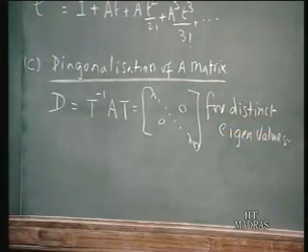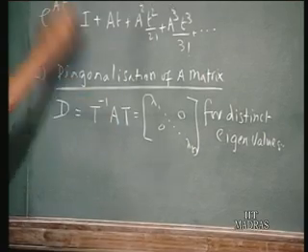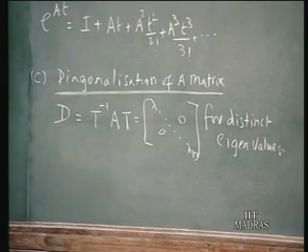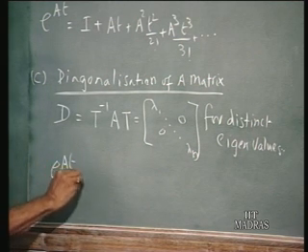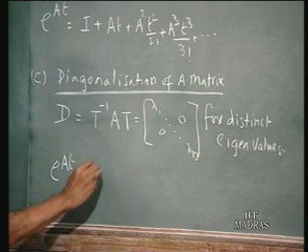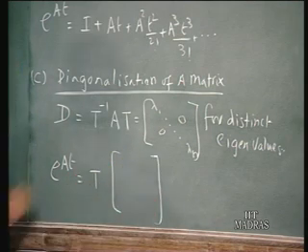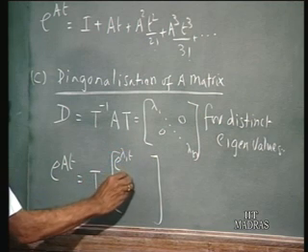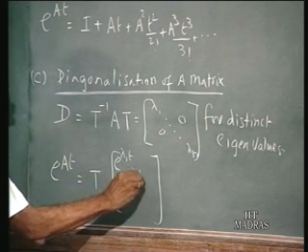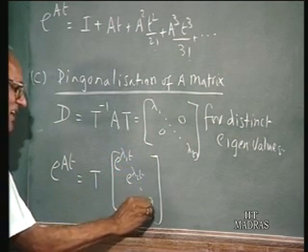and when such is the case, the transformation matrix will be a collection of columns, each representing an eigenvector. So, we have n eigenvalues, you have n eigenvectors. And once you find this out, then you can write e to the power of At as T times again a diagonal matrix where the entries are e to the power of lambda 1 t, lambda 2 t, and so on, e to the power of lambda n t.